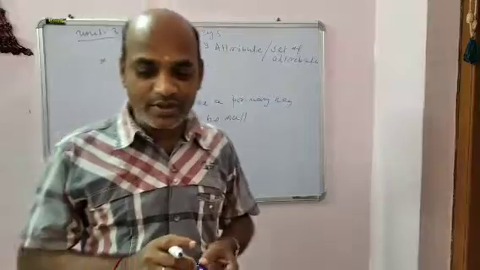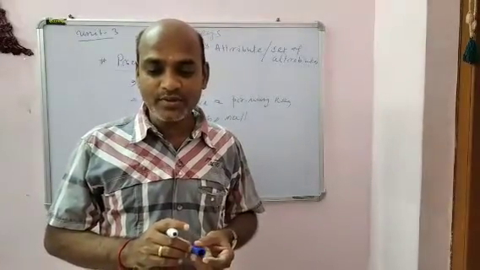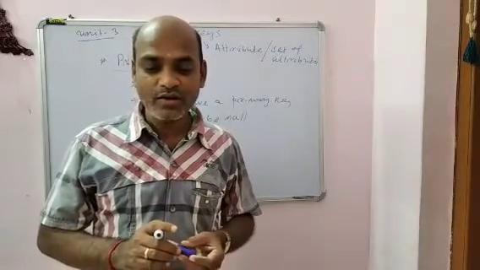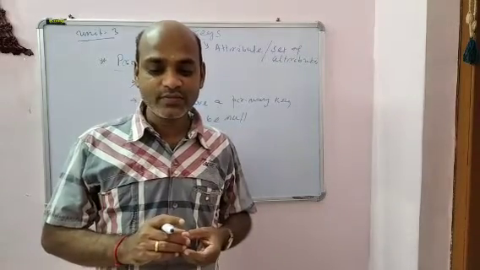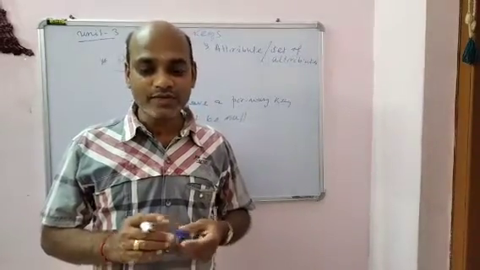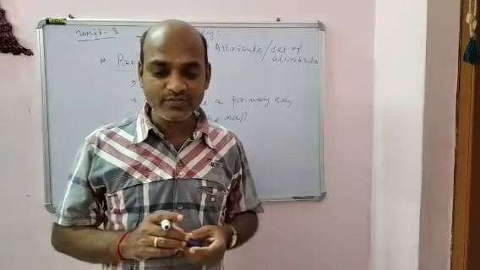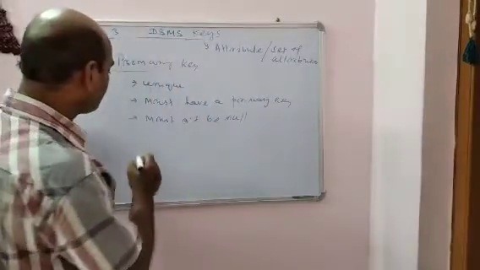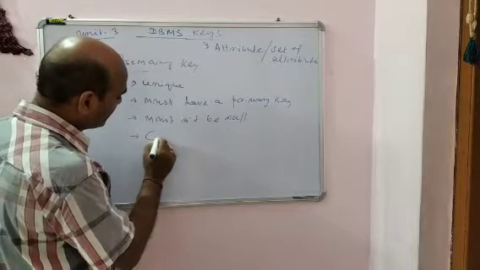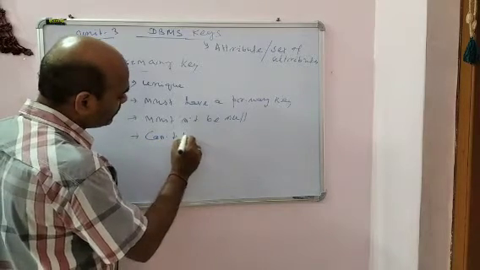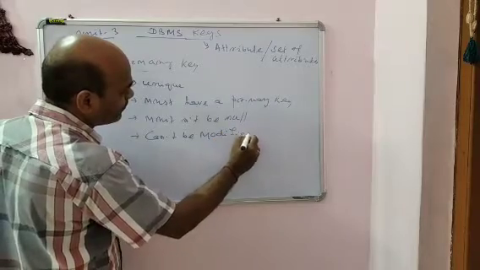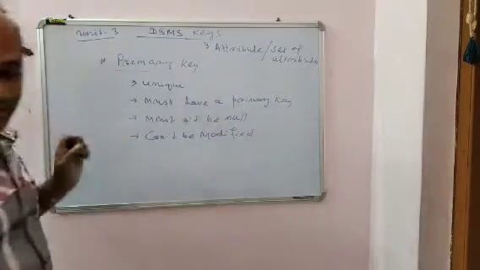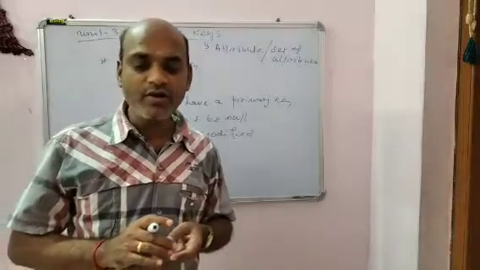And the value in a primary key column can never be modified or updated. If any change is required, it cannot be changed, cannot be modified. This primary key cannot be modified or updated.